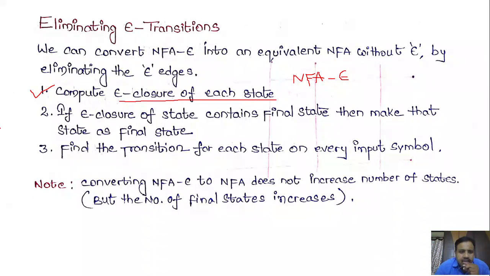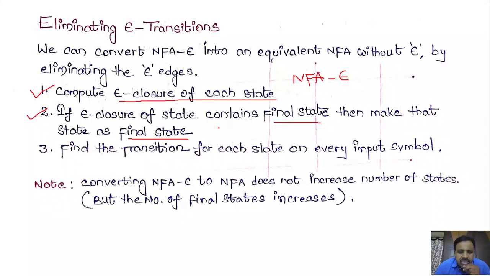Then the next step is, if the epsilon closure of a state contains the final state, then make that state a final state in the NFA without epsilon.